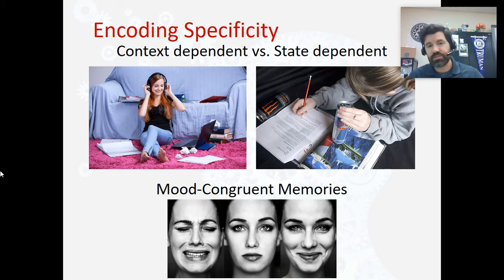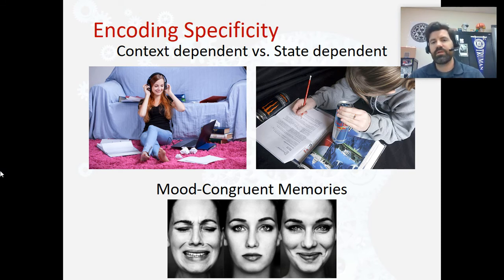Well, when it comes time to retrieve that information, we want to make sure that you match the state that you are in, because memories are state dependent. If when you're trying to retrieve the information for AP Psych, you're really anxious and nervous, it'll be more difficult to remember that information. You encoded it when you were calm, you should try to retrieve it when you are calm, because memories are state dependent.